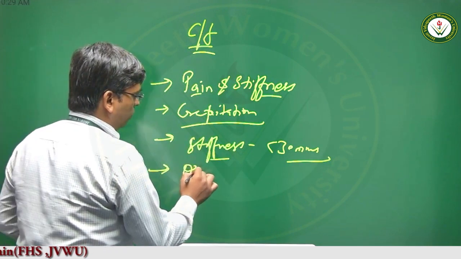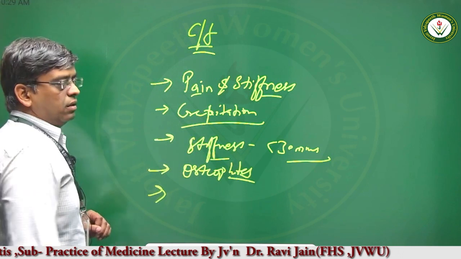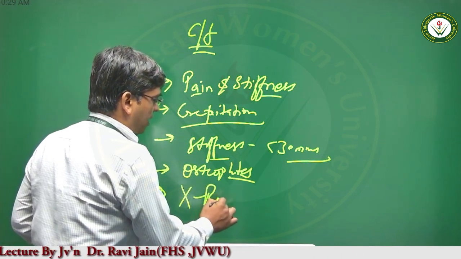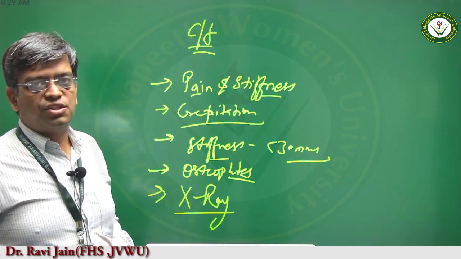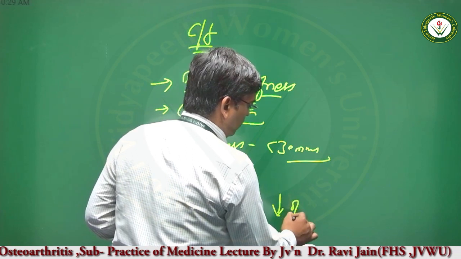There is formation of osteophytes. Regarding the X-ray findings, initially there are fewer changes, but as the disease progresses, there is narrowing of the joint space.